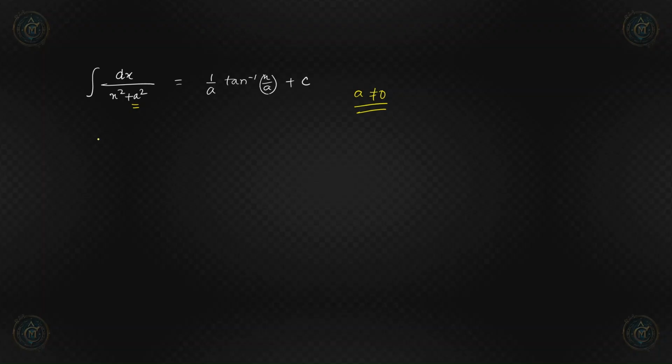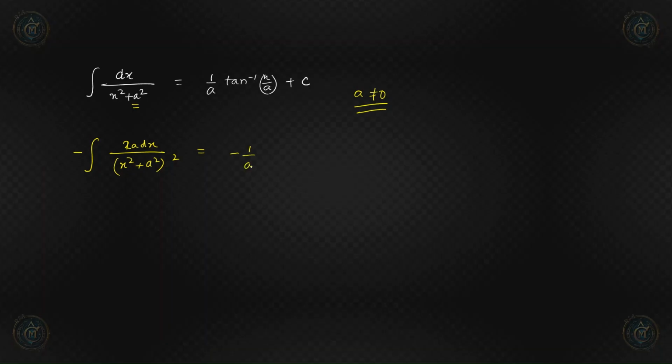Then we get the integral, where differentiating gives us 1 divided by (x² + a²)² with a negative sign, times the derivative of a², so 2a, dx, equal to the differentiation of the right side.